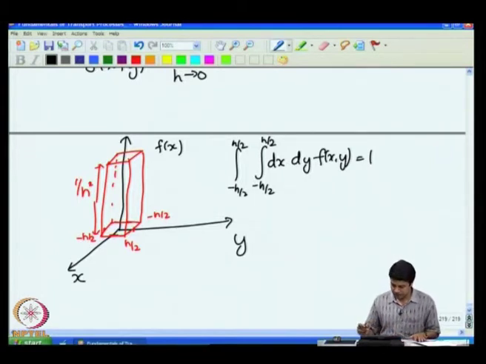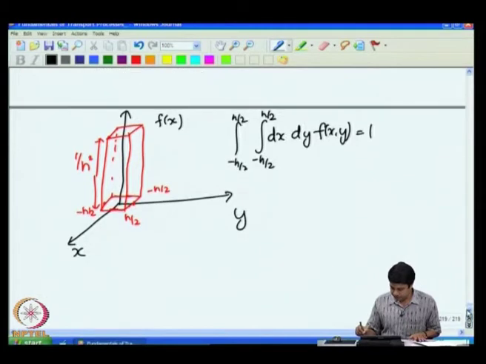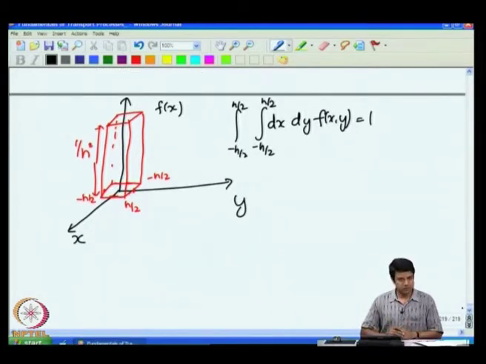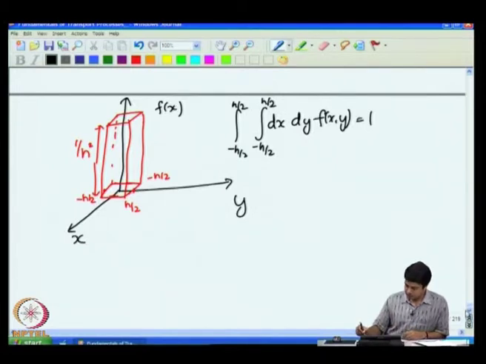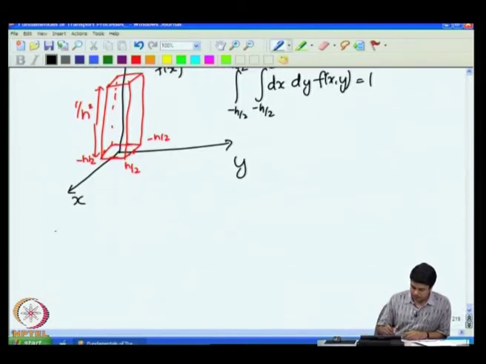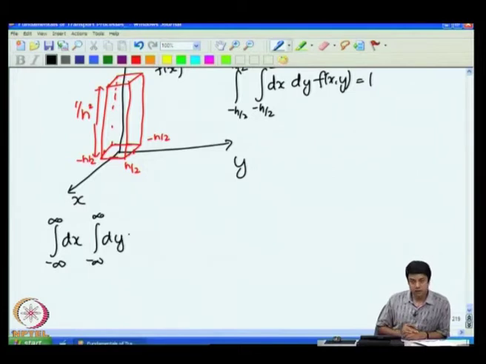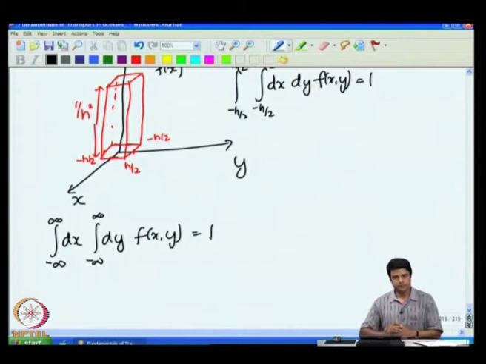And since this is non-zero only between minus h by 2 and plus h by 2, the integral condition could well be written as integral minus infinity to infinity dx integral minus infinity to infinity dy f of x y is equal to 1. So, this is the property of the 2-dimensional delta function.